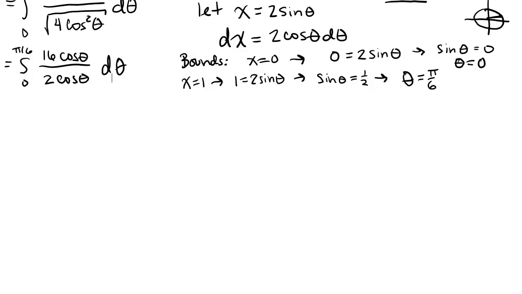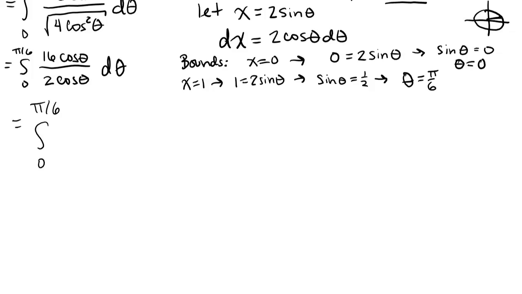What we're going to end up with is the integral from 0 to pi over 6. Notice those cosine thetas cancel out, so we're really just left with 8 on the inside, since 16 over 2 is 8. So a super nice integral now.